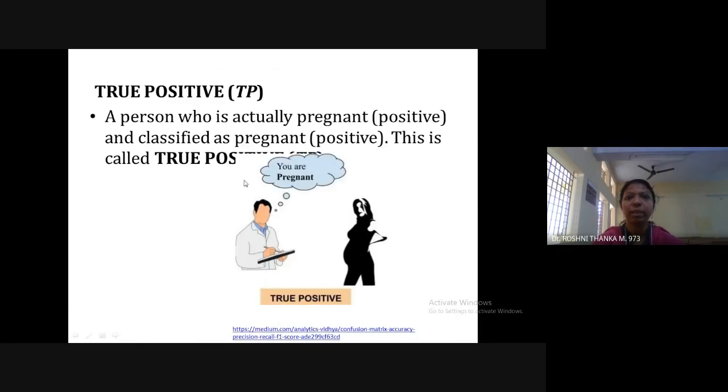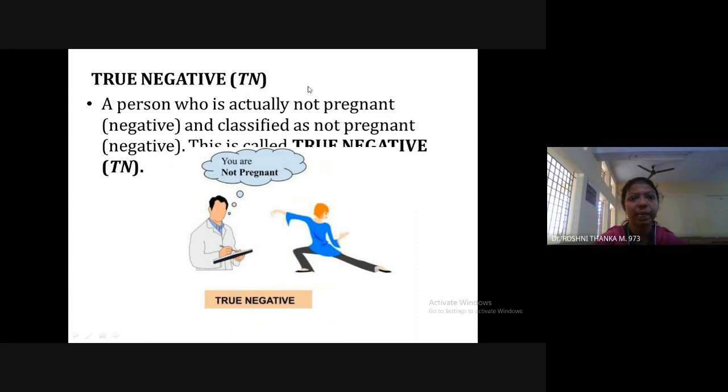Here the model is saying the person is pregnant, so it's a positive result and it is actually true. Then true negative: the model is saying the person is not pregnant, which is a negative result, and it is true. Consider pregnant as a positive result and not pregnant as a negative result.